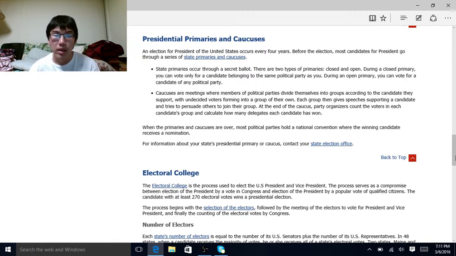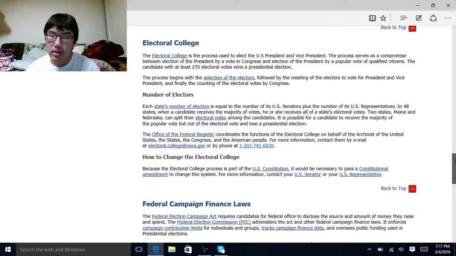And then this is when people vote for who they want to become president. Most political parties hold a national convention. Okay. The electoral college is the process to elect the president. Okay, how to change.